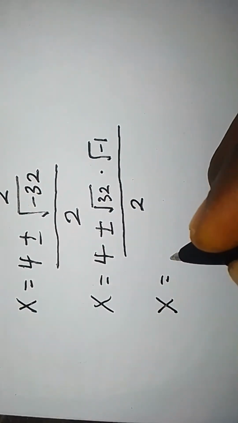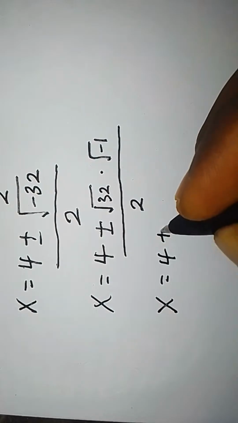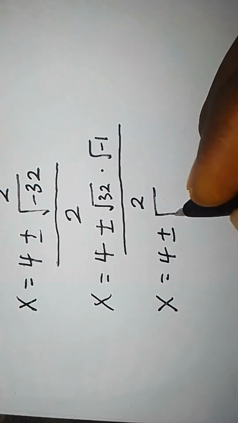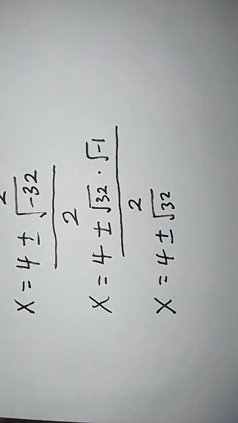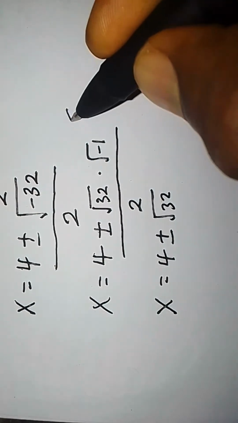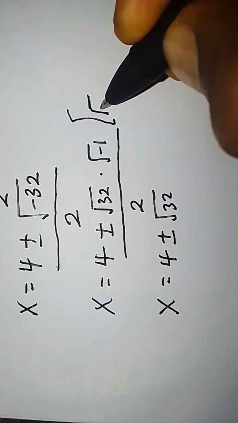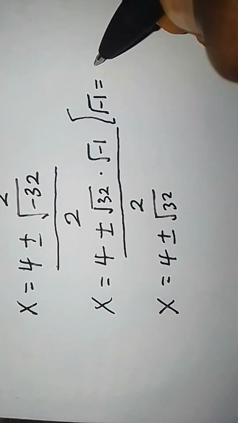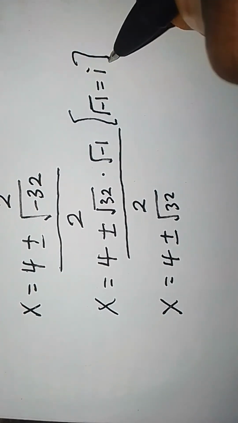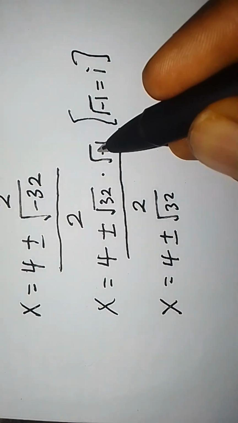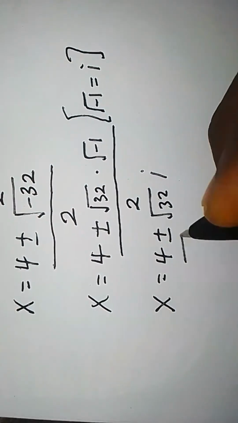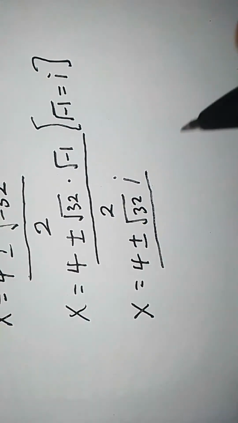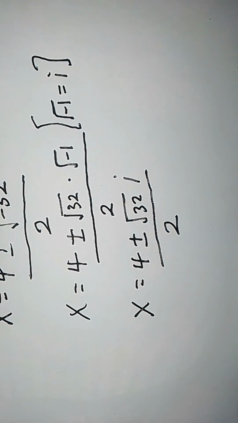X is equal to 4 plus or minus square root of 32. But don't forget, from the complex number, we know that square root of minus 1 is equal to i. So in place of this guy, we just write what? We write i, divided by 2.